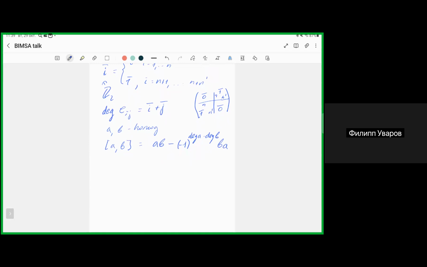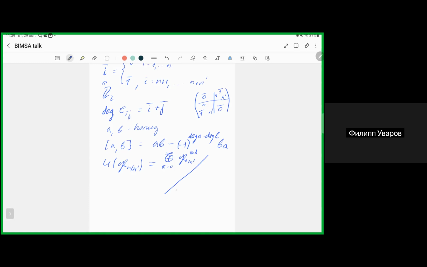Okay, and then I can consider universal enveloping of GL(n|n'). What is this? It's an associative algebra, which is just quotient of the tensor algebra, right? Which is just sum over all GL(n|n') tensor k, where k goes from 0 to infinity, by relations which are pretty natural, right?